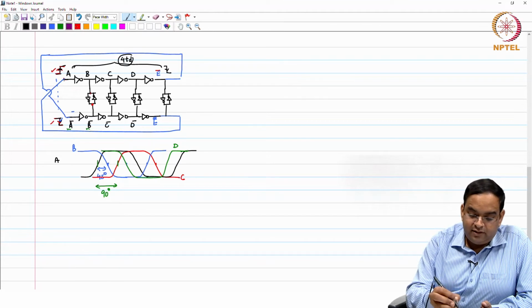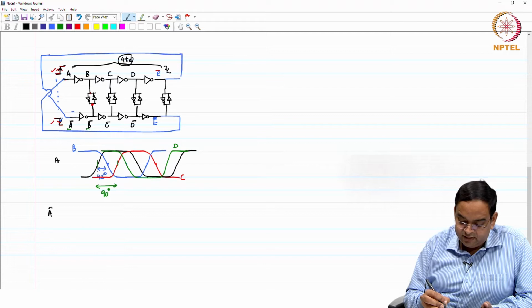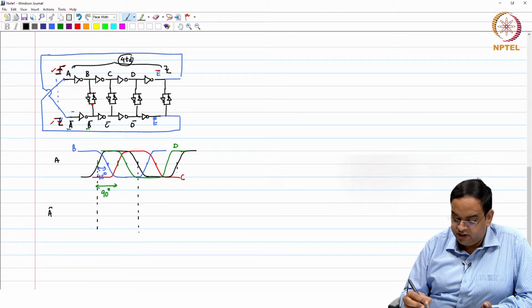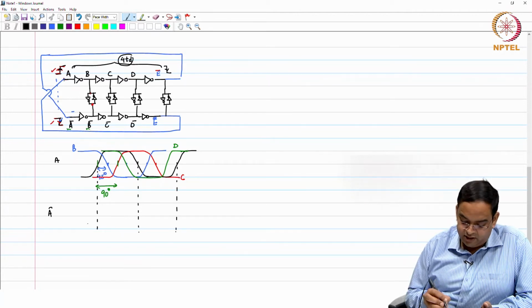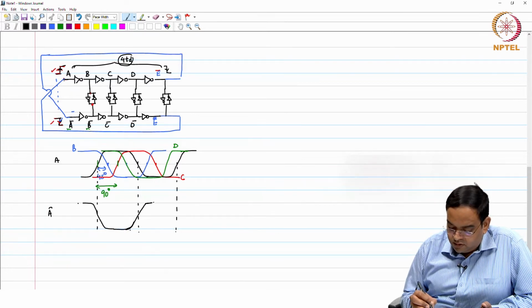So, I will just draw a couple of them. If you are having A signal as shown at the top, then your A bar signal is just an inverted signal of your A. So, A bar signal is going to be like this.